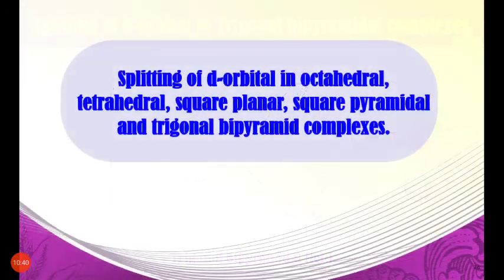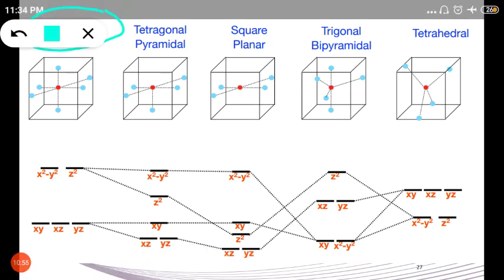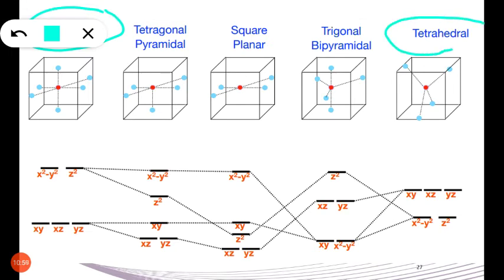Okay, now we will see all 5 complexes in one figure and their step by step splitting. For octahedral, see, this is for octahedral, then here it is tetrahedral. For octahedral it is Eg and at the rest it is T2g.